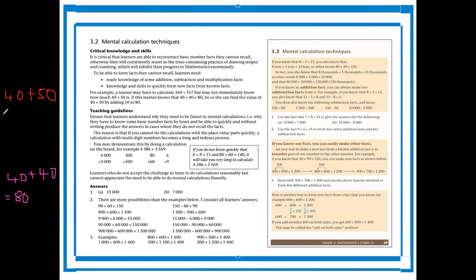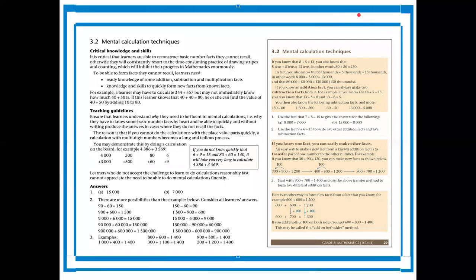And then this can be broken up into 40 plus 40 plus 10, because these two equal 50. This is the 10. You can't really see the 1 there. And then we know this fact already. 40 plus 40 is 80. So we have 80 plus 10, which gives us an answer of 90. Okay.